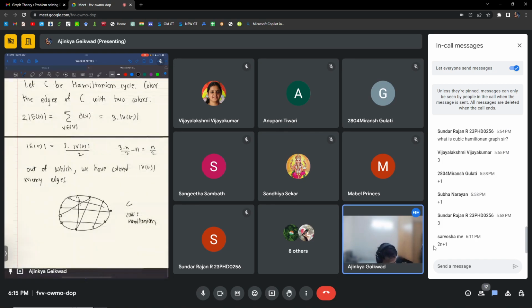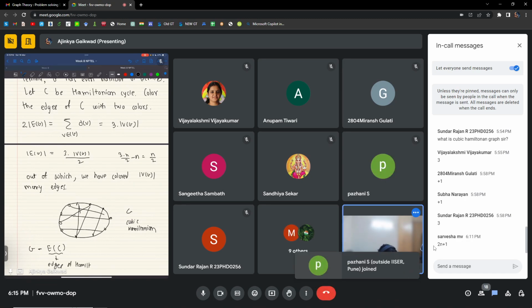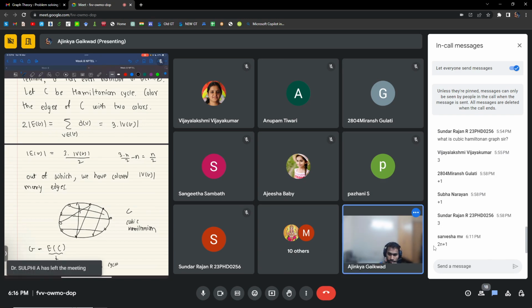So this is my graph G. If I delete all the edges of my Hamiltonian cycle, this is my new graph, G minus E(C). So how would this graph look? Can you guess, or conclude something from there?